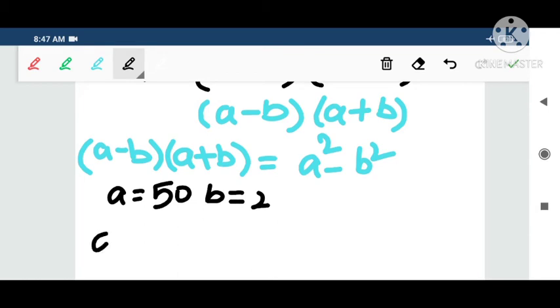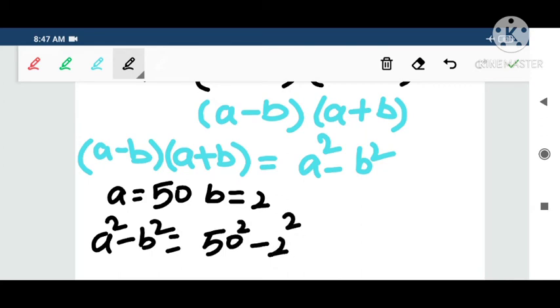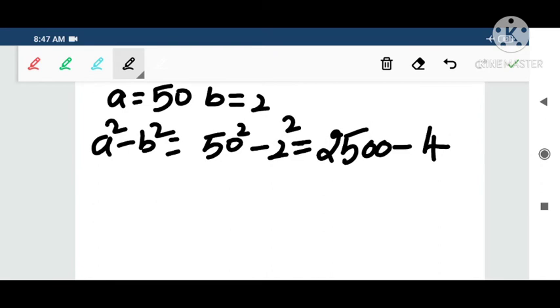So a square minus b square is 50 square minus 2 square. If I square 50, the 0s become doubled, 5 fives are 25, so 50 into 50 becomes 2500. Minus 2 twos are 4. If we subtract 4 from 2500, what do you get? 2496.